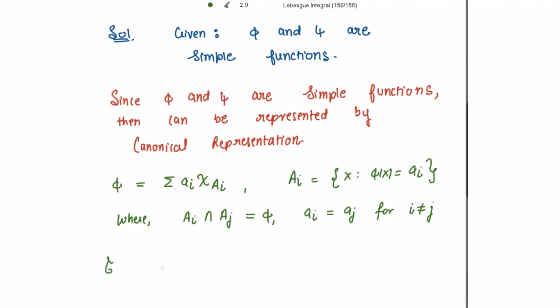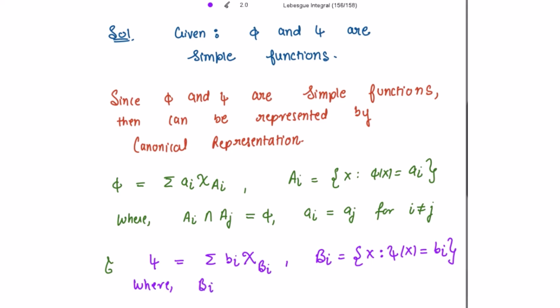Similarly, xi is represented canonically as the summation of b_i multiplied with chi B_i, where capital B_i is the set of all those x for which xi of x is equal to the constant small b_i, and also where the intersection of B_i with B_j is empty for i not equal to j.